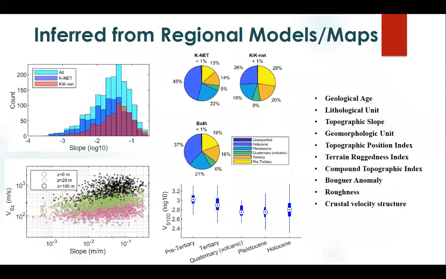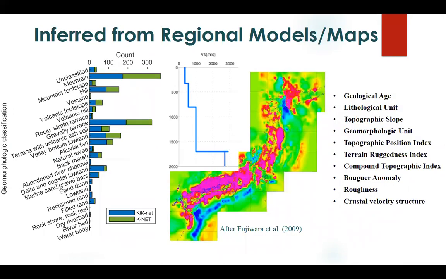The last category of site proxies is inferred from either regional models or maps, and these inferred proxies include geological age, lithological unit, topographic slope, geomorphological unit, topographic position index, terrain roughness index, compound topographic index, anomaly roughness, as well as crustal velocity structure.